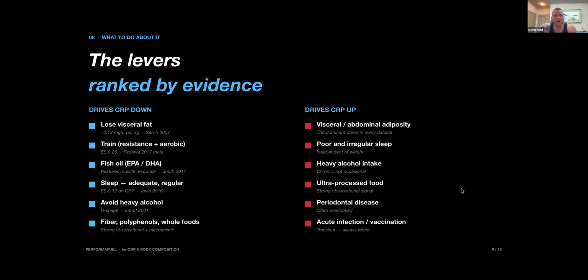So here's the biggest levers of controlling your high sensitivity C-reactive protein. Number one, visceral fat. So again, there's a huge correlation with visceral fat, abdominal obesity, and C-reactive protein. So if you could lose the visceral fat, that will lower your C-reactive protein a lot.